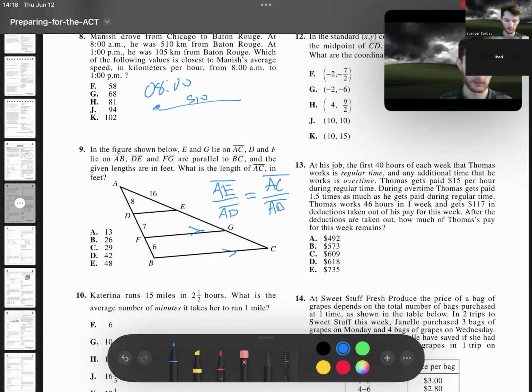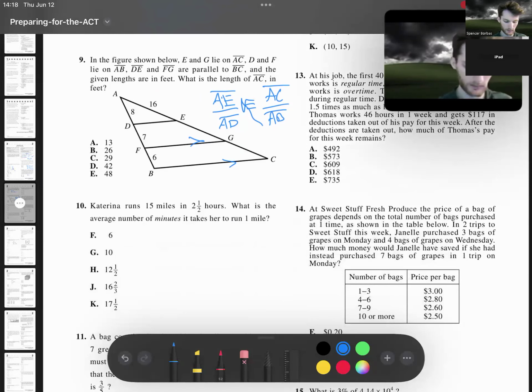So AE is 16 divided by AD is 8, and I'm going to multiply that by AB, which is 8 plus 7 plus 6, which is 15 plus 6, which is 21. My answer is 42, which is D. All right, 10. Katrina runs in number of minutes it takes her to run 1 mile.